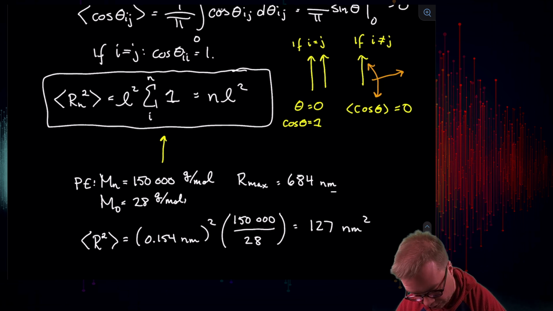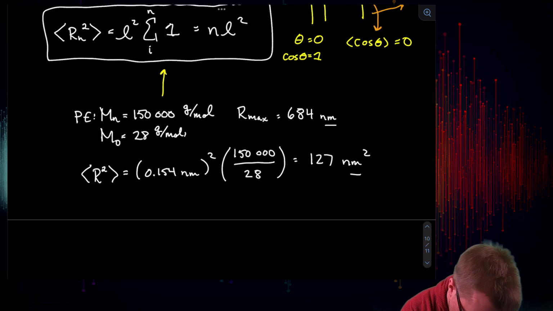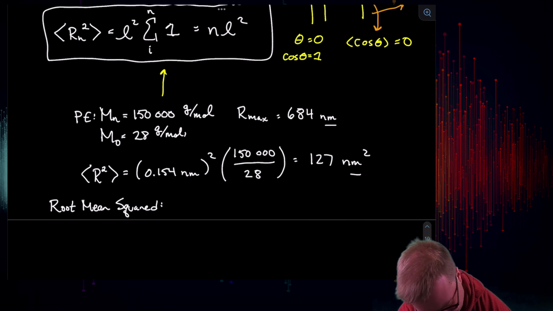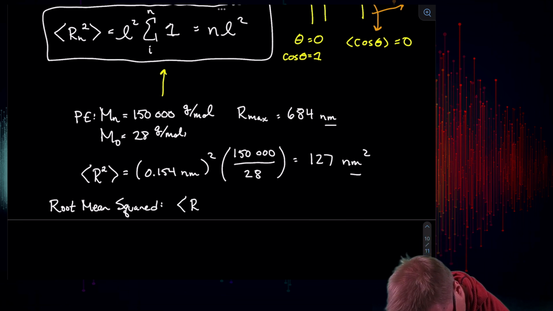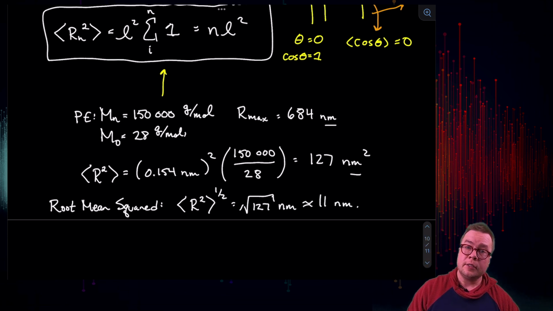Okay, so it's maybe a little bit hard to compare these two. So we could calculate what's called the root mean squared. And that would be r squared to the 1/2, the square root of 127 nanometers squared. So this would be about 11 nanometers.